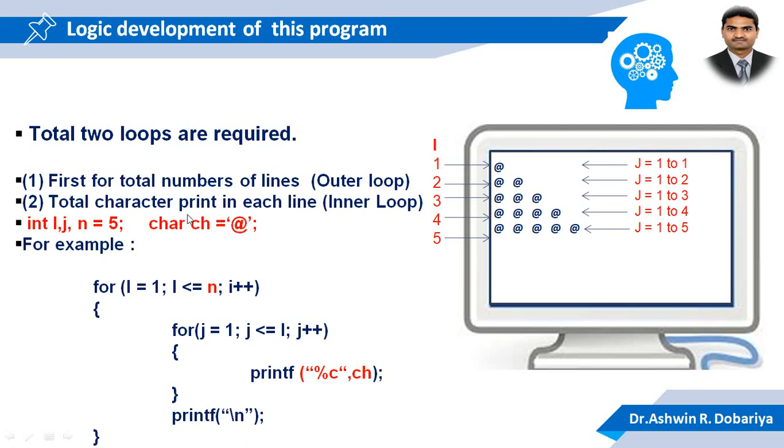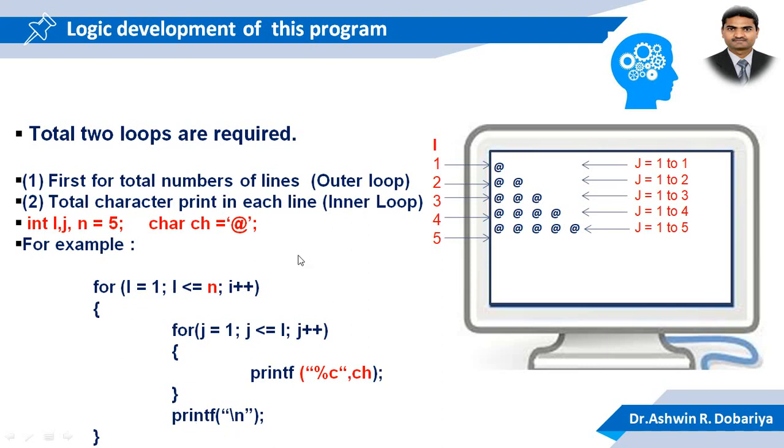We will store that in a separate variable, and the variable name is ch, character type. Here for understanding I have fixed the at the rate symbol, but we will see practically how we can change this symbol. And once the line is printed, we want to move the cursor to the next line. For that we have mentioned \n. So this is the overall logic.